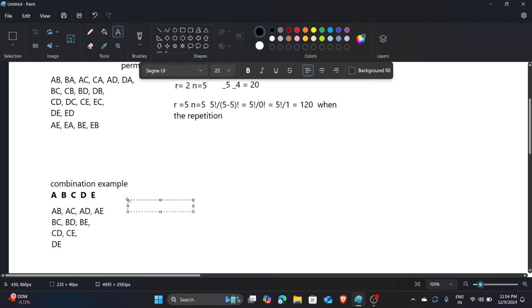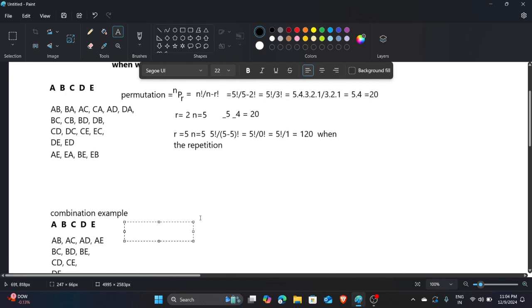So if we go through the formula, in combination the formula is C, with n here and r here. This is the representation of combination, and when we describe this formula, it is similar to the permutation formula.